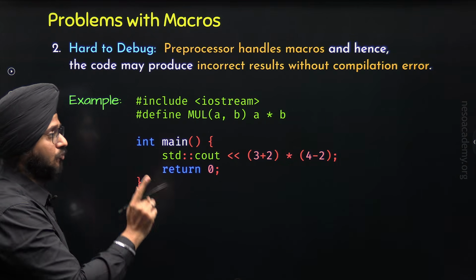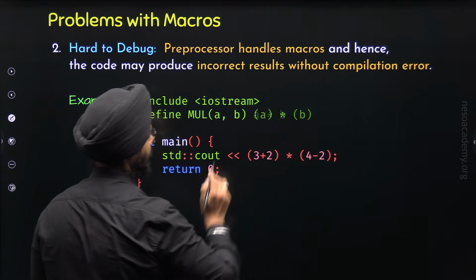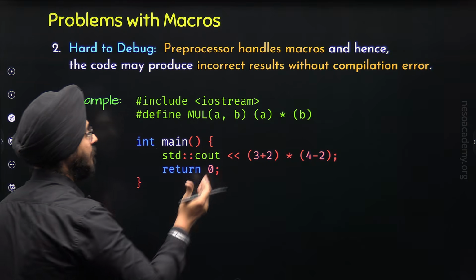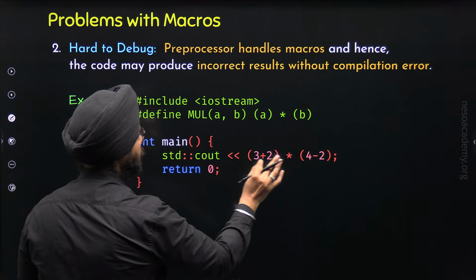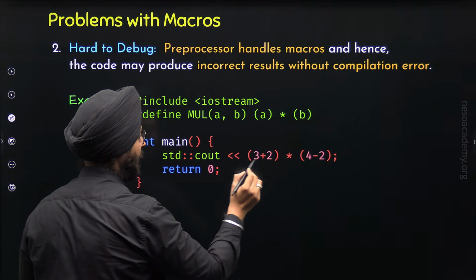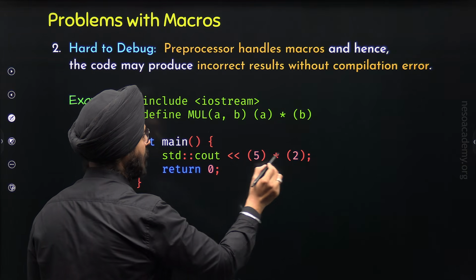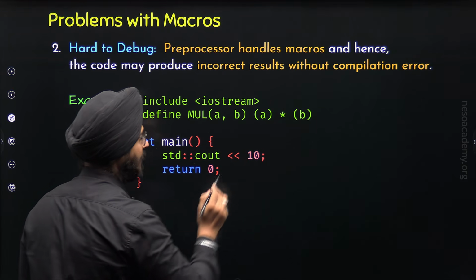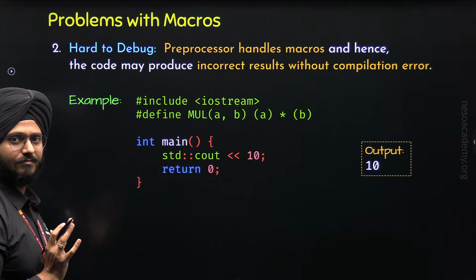And in order to do this, we need to parenthesize A and B here. Then only we will get the correct result on the screen. Here, 3 plus 2 and 4 minus 2 will be evaluated first. 3 plus 2 will give us 5 and 4 minus 2 will give us 2. 5 times 2 is 10. So we will get 10 on the screen for this specific program.